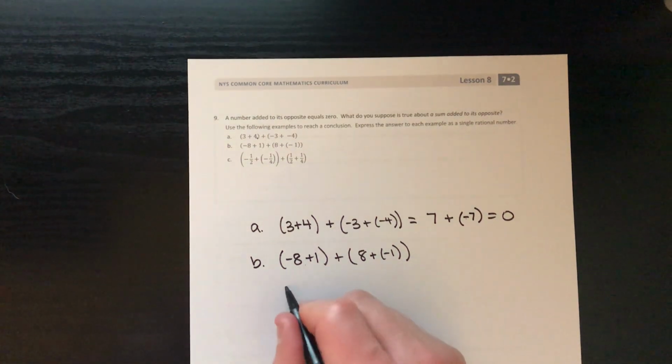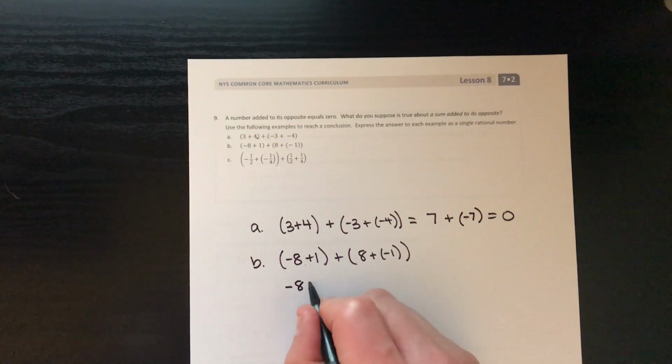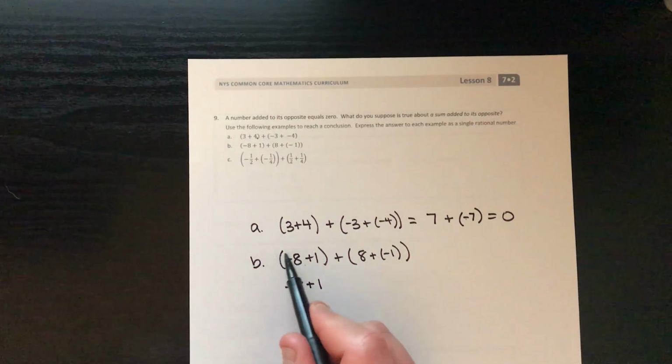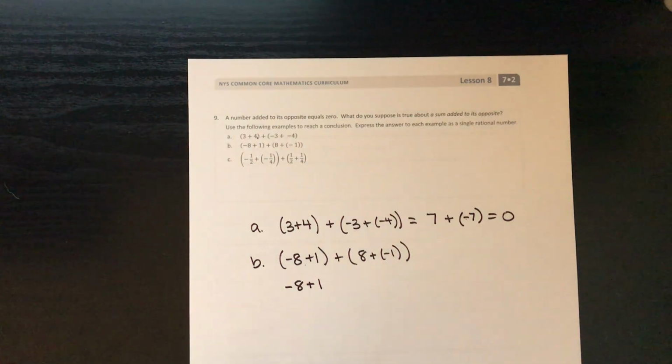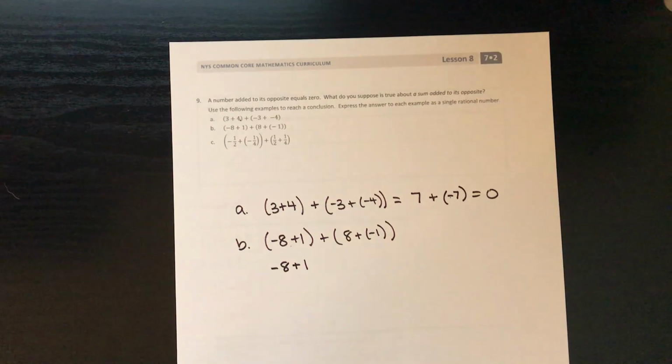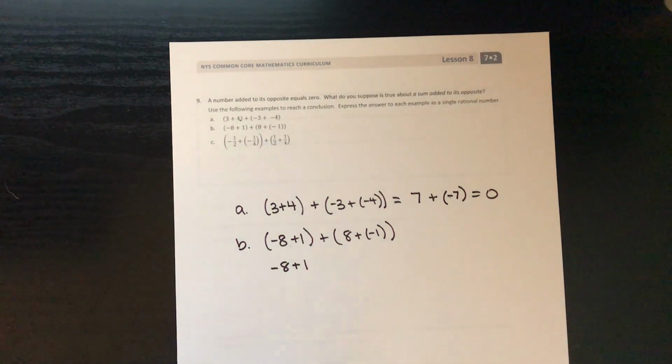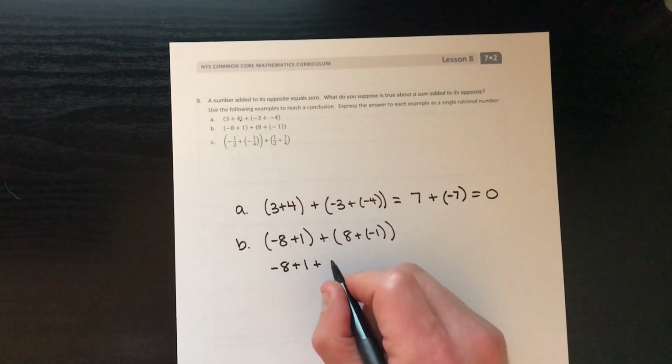So I'm just going to rewrite it without them. Now if we had a number up against these parentheses that was multiplying into them, or if we had some subtraction somewhere in this expression, then it'd be really dangerous to just take the parentheses away. In fact, you'd almost certainly get something wrong. But since the only thing happening here is just straight addition, then I know I can do this.